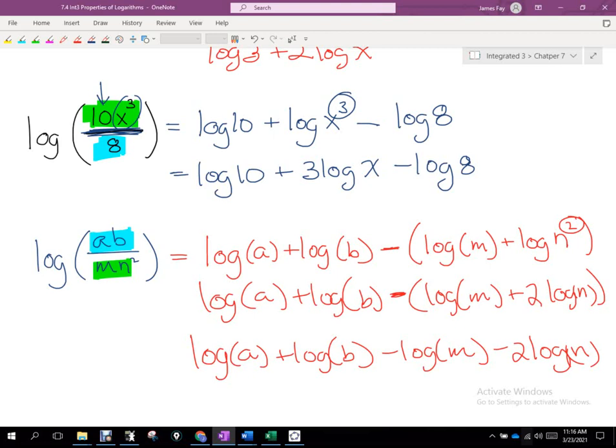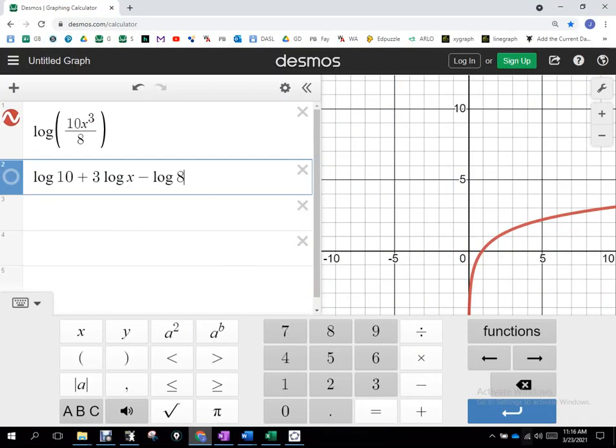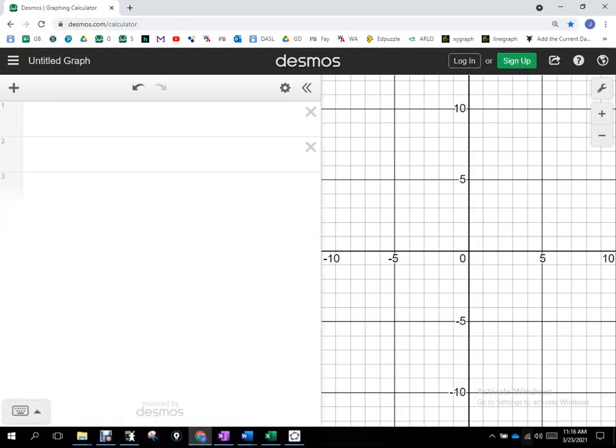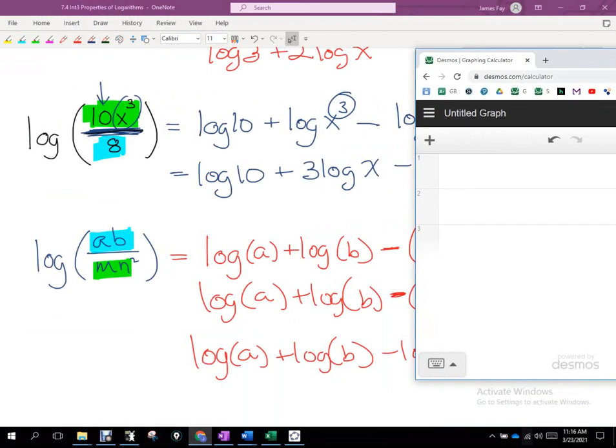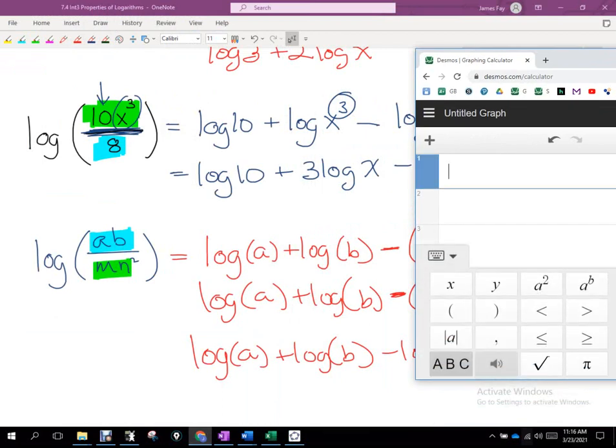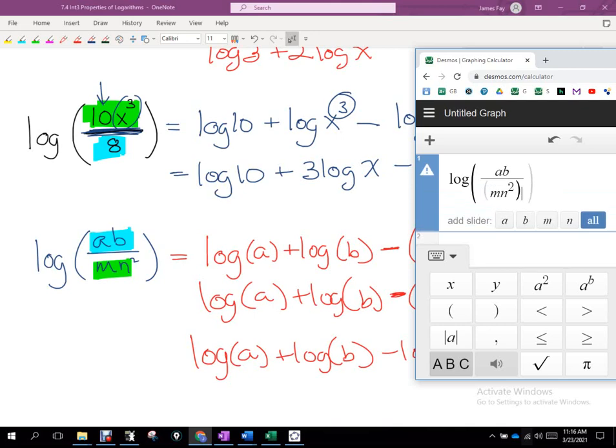Okay. Now let's check. Let's see if that is accurate. So log of AB over MN squared.